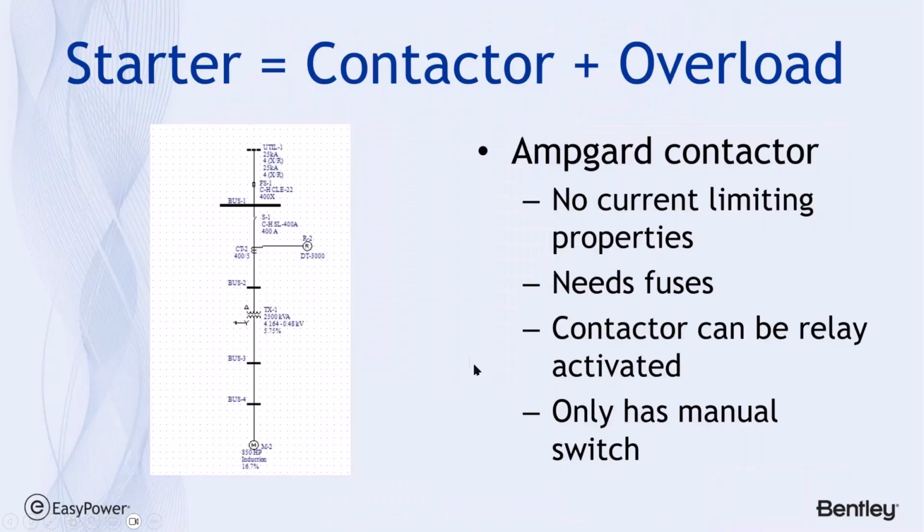So in EasyPower, the name of the game is to start off not with a fused switch, but with, you want to call it, a fused contactor, because the Ampgard switch by itself doesn't have any current protection properties, so it needs the fuse, but it also needs the relay for activation.